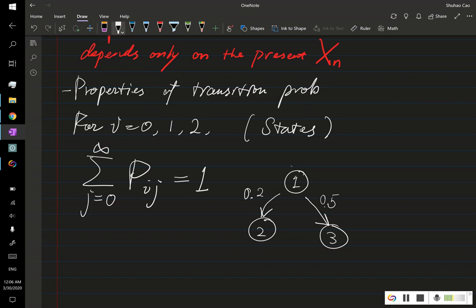And lastly, if we are at state 1, there is a 30% chance that at the next time the state remains the same. So we have this 0.3. Another constraint this probability satisfies is, like I said, it has to be a probability, so the transition probability has to be greater than or equal to 0.